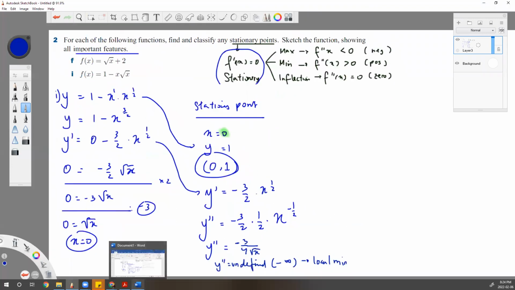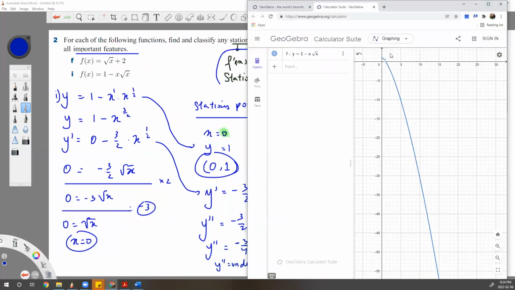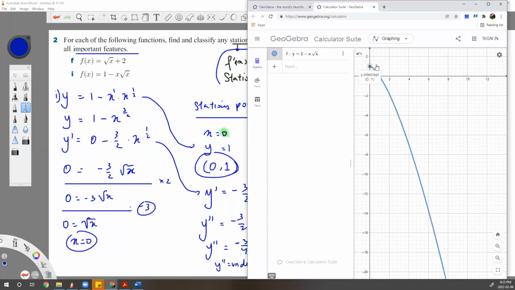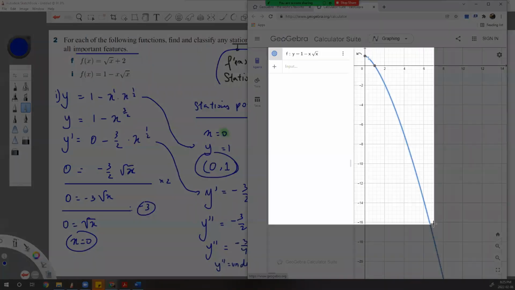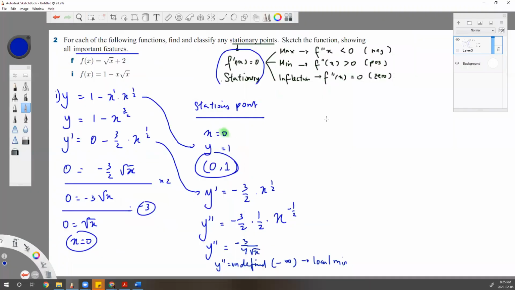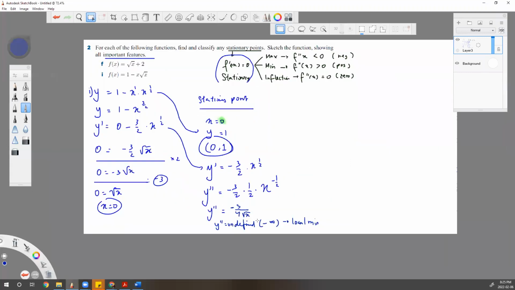So point 0, 1 here is the starting point, right? And then it goes down like this. So we don't have any stationary point also. I think your teacher gave you the trick question. Okay. So here, no stationary point. Undefined means it's not even a stationary point.